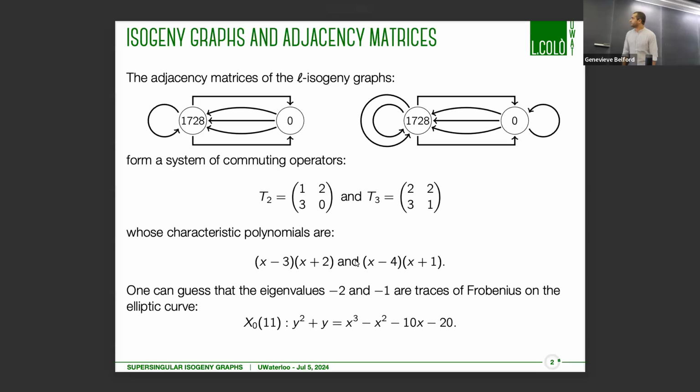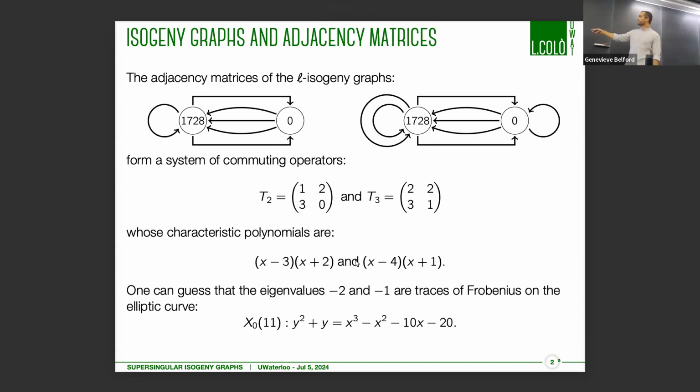I'm going to talk about this later in more detail, but if you construct this isogeny graph and you look at its adjacency matrices, you can try to compute the characteristic polynomials. So here's the one for the 2-isogeny graph. Here's the one for the 3-isogeny graph. And you can look at the eigenvalues of this characteristic polynomial. You can see that the first ones, so 3 for the 2-isogeny graph and 4 for the 3-isogeny graph, actually give you the regularity of the graph.